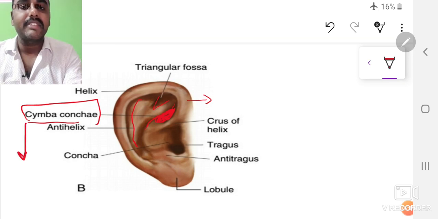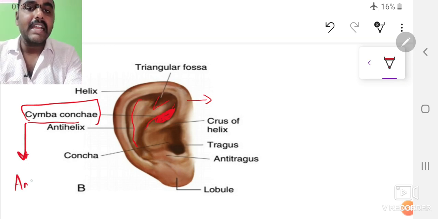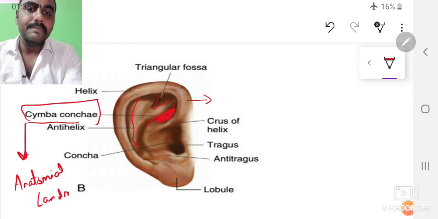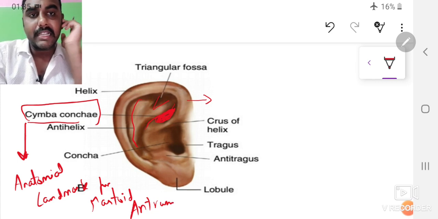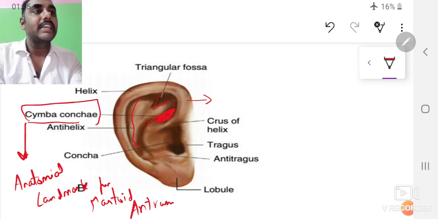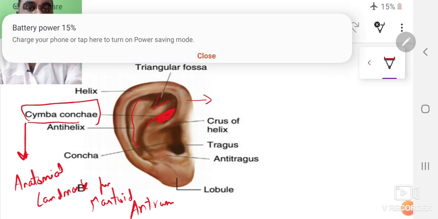What is its significance? It is the anatomical landmark for the mastoid antrum. When we press over it, we can feel for tenderness in the mastoid antrum.